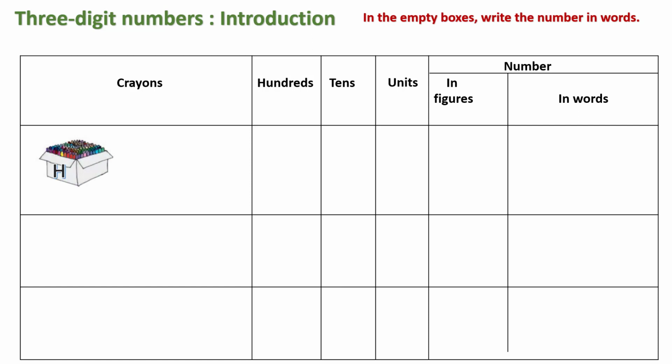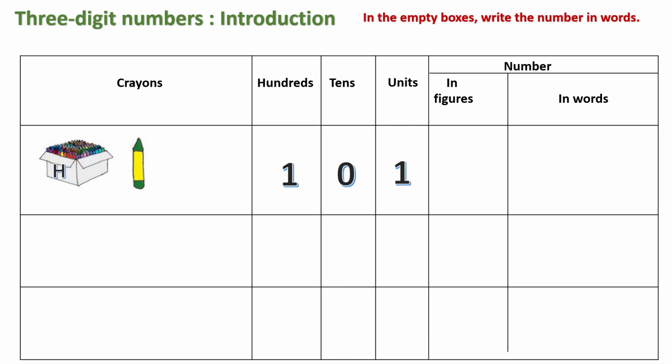Here it is hundreds crayons box and 1 units. Now we write down its in 100 box. In 100 1 box we write 1 in hundreds box. Then here it is no tens, so we write 0, and in unit place here it is a 1 unit, so we write 1.